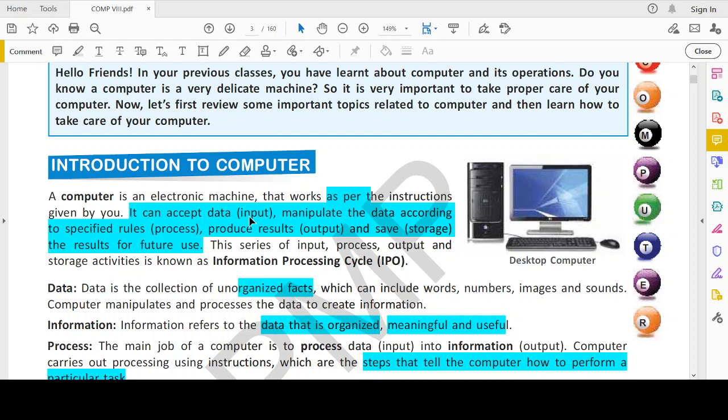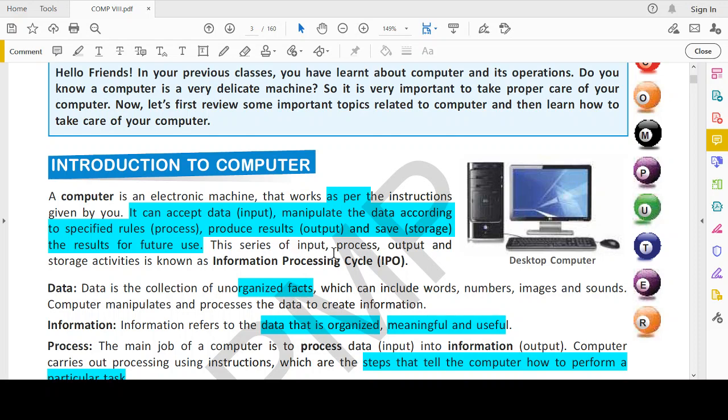It can accept data through the input devices like the keyboard, mouse, scanner. These are all input devices. Manipulate the data according to some specified rules. That is, it processes the data and produces results. That is output. And then it saves the results for future use.